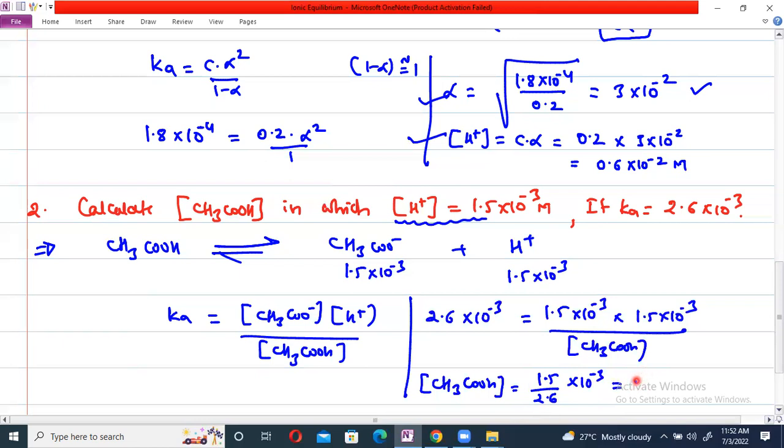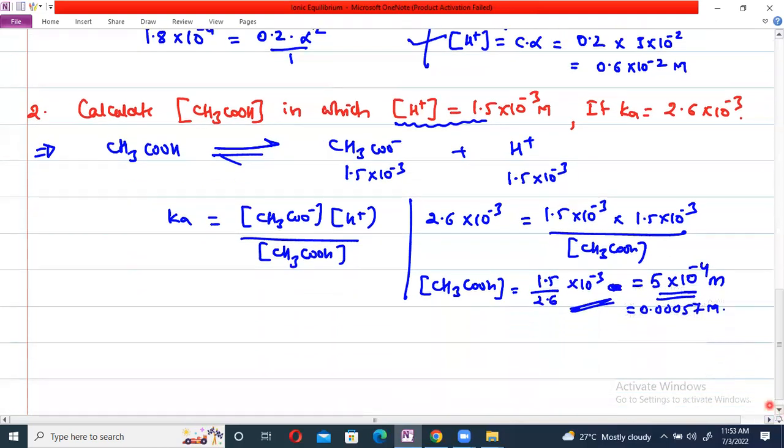Approximately, we get 0.57, so the approximate answer is 1.5 by 2.6 into 10 to the power of minus 3, which is nearly 5 into 10 to the power of minus 4 molar, approximately 0.00057 molar.